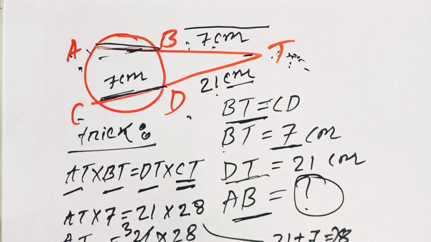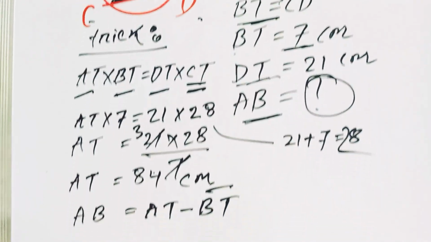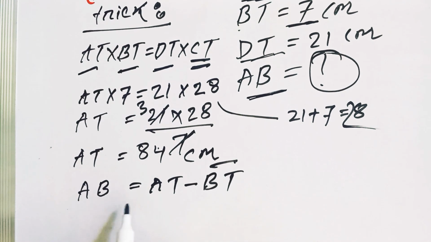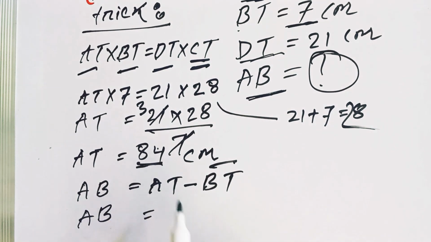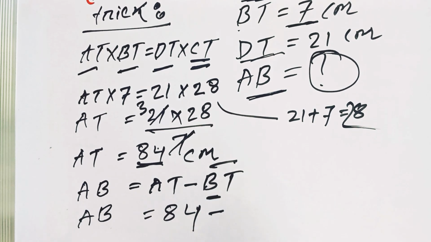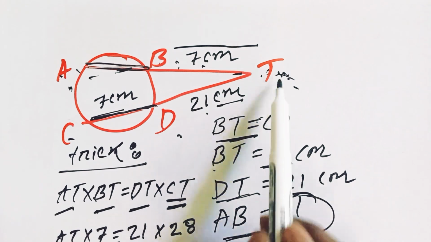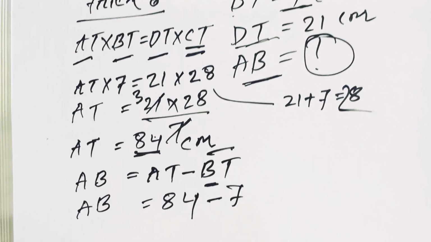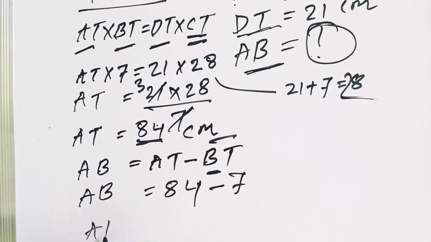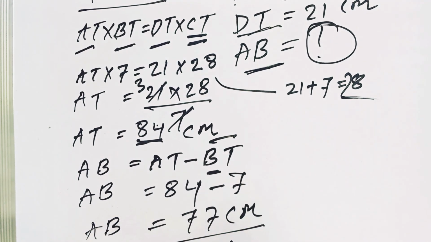So here we should put the values to find the value of AB. So AB equal to, see here friends, 84 minus 7. AB equal to 77 centimeter. So AB is 77 centimeter. So the answer will be 77 centimeter.